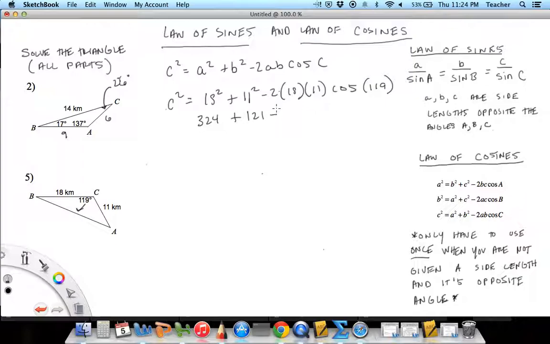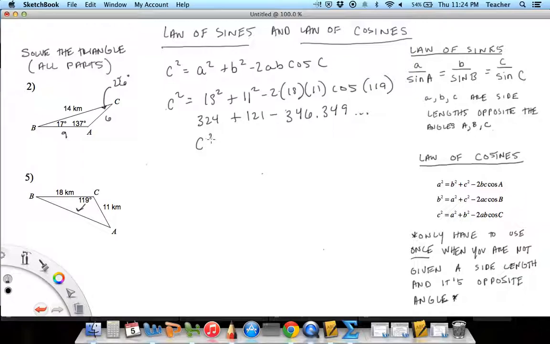I'm just going to type that whole thing into my calculator, and I get 346.349 and so on. Then you take 324 plus 121 minus the second answer, because it's already in your calculator, and you should get C squared equals 98.6505 and so on.